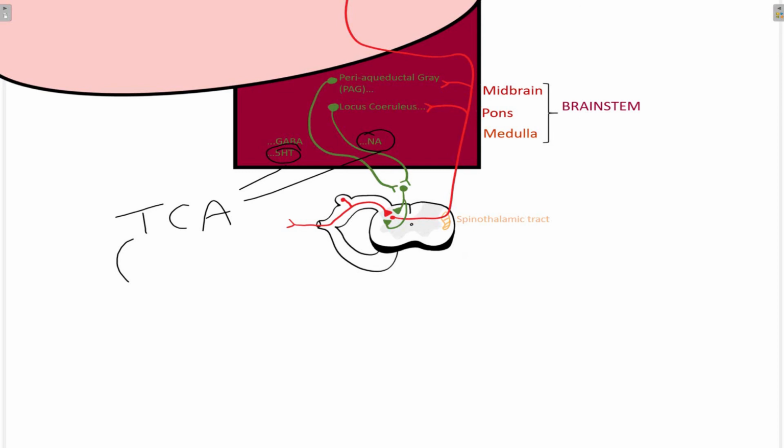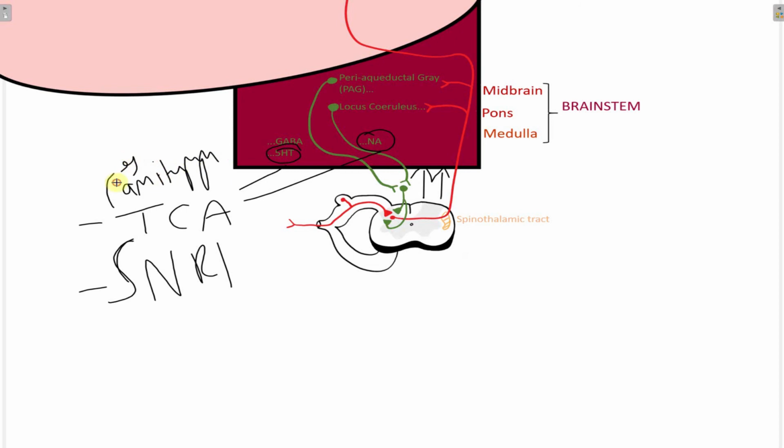That will help to innervate and activate this descending inhibitory pathway. And another example are serotonin norepinephrine reuptake inhibitors. So an example of a TCA may be amitriptyline, and that of an SNRI may be, for instance, duloxetine.